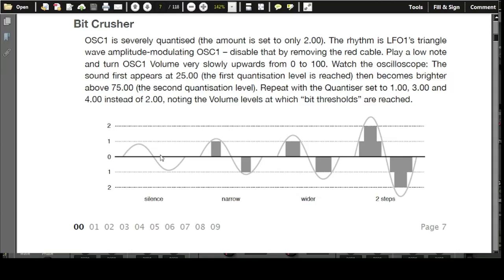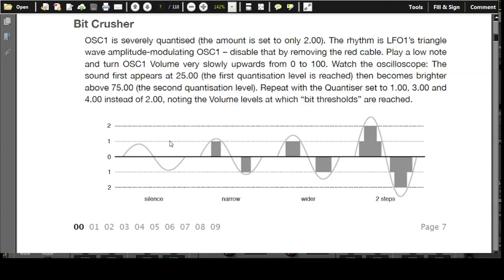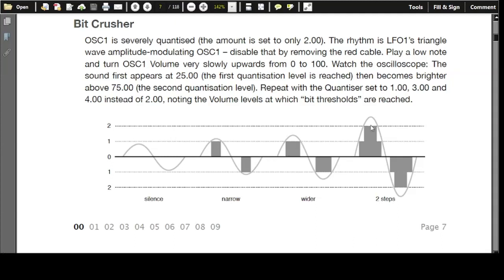The quantization happens when we reach the first quantization, and that happens at 25, and then it increases up until the peak goes above 0.75 or 75, which is right here, and then we get 2 bits or two sections of quantization, if that makes sense. So we'll go take a look at that.